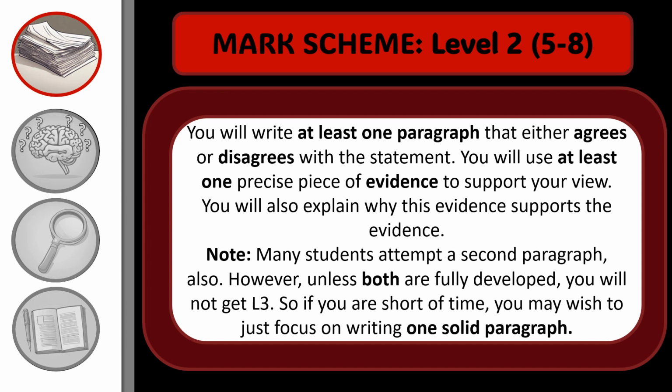Note, many students attempt a second paragraph. However, unless both are fully developed, you will not get into level 3. So if you are short of time in your exam, the best thing you can do is focus on writing one solid paragraph about something you have learnt in this study.